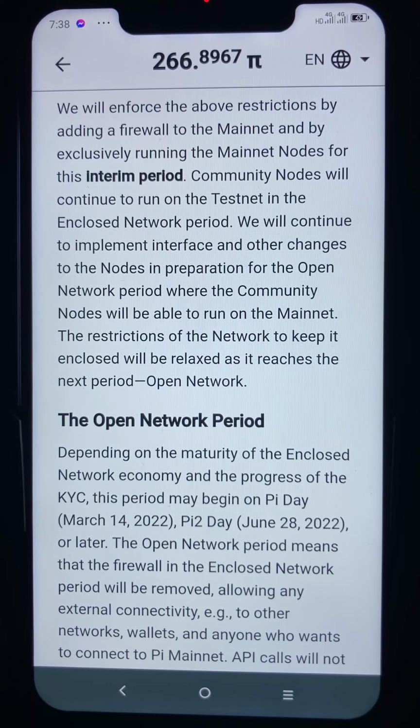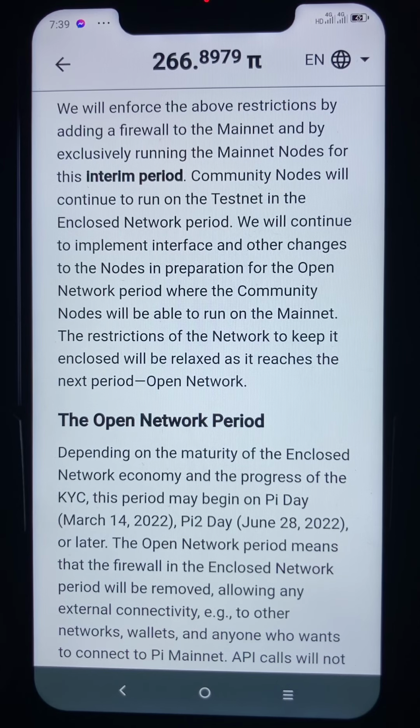So yung community nodes, yung mga hindi core team nodes, they will still continue to run, pero sa testnet pa rin sila. We will continue to implement interface and other changes to the nodes in preparation for the open network period, where the community nodes will be able to run on the mainnet. The restrictions of the network to keep it enclosed will be relaxed as it reaches the next period, open network.